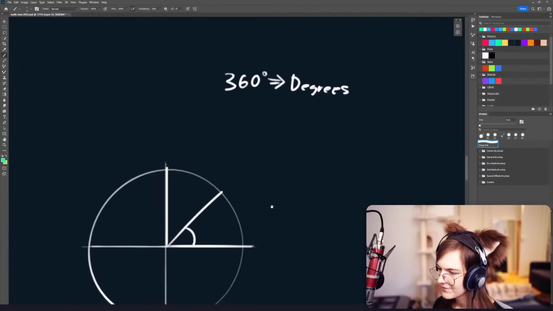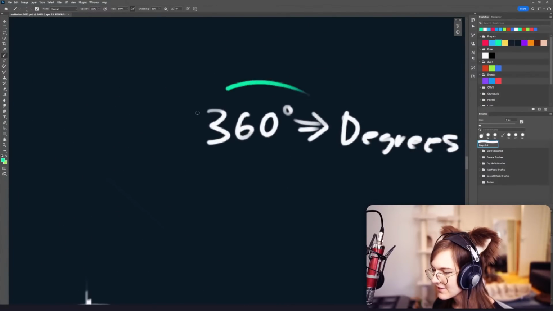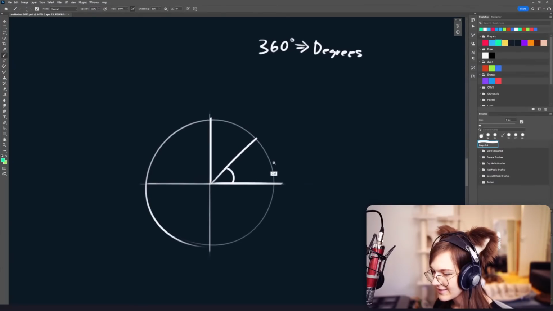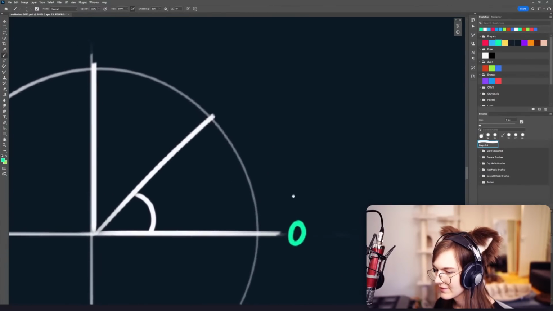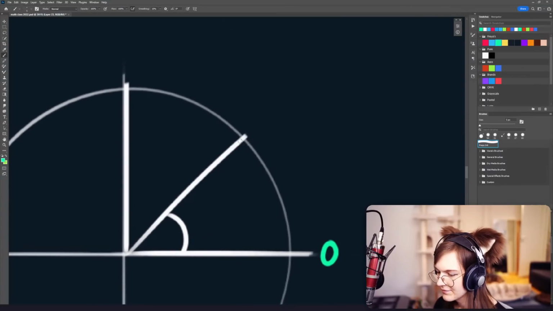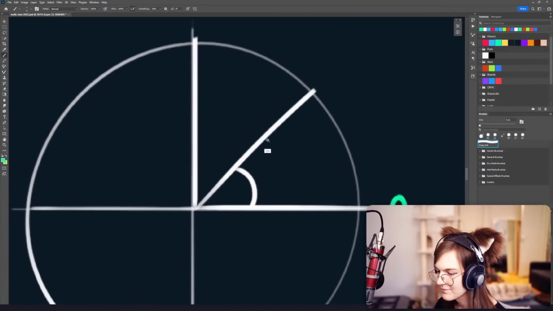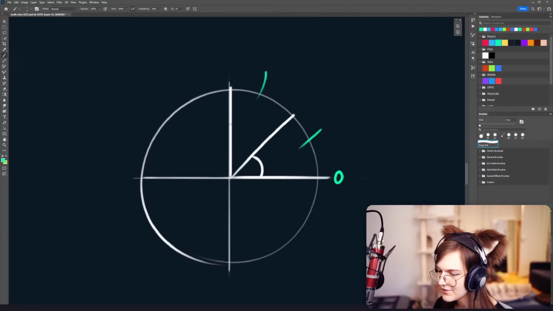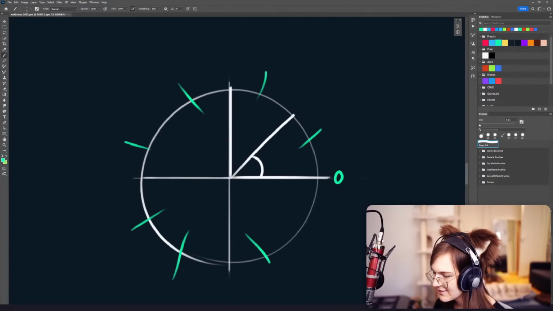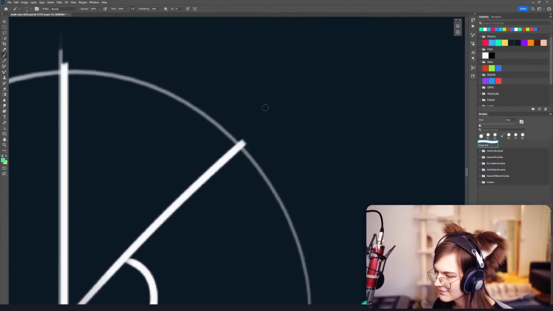Okay, so when the full circle is 360, we call that degrees. But then for turns, we start with 0, and then an angle like this would be an eighth of the circle, right? Because we divided it into 1, 2, 3, 4, 5, 6, 7, 8 different segments. So this would be an eighth.